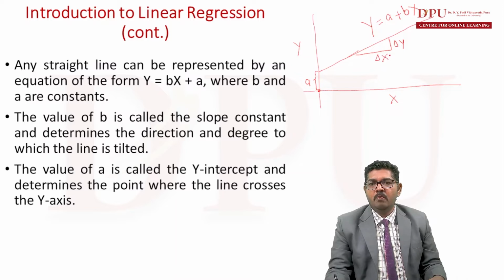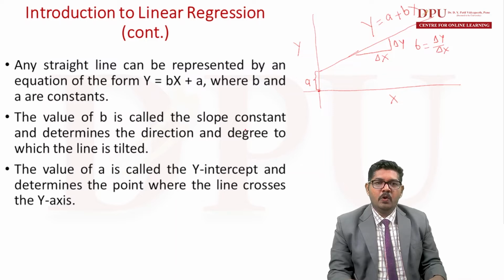So delta y upon delta x gives us the value of b. From the value of b, we can judge how the value of y is affected per unit change in x. That is what regression is basically.